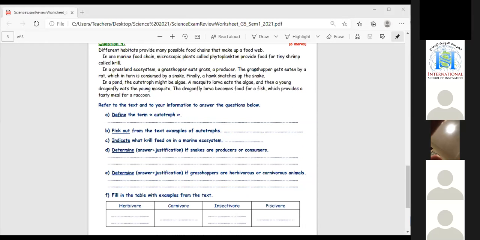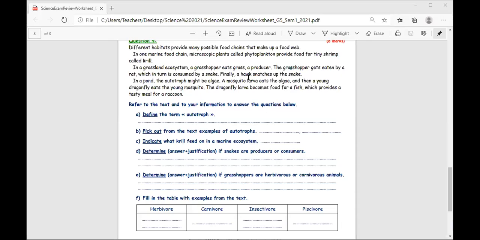Are you getting what I'm writing now? So they said that the algae, which is a green plant, is an autotroph. What do they mean by autotrophs? What is another word to say autotroph?